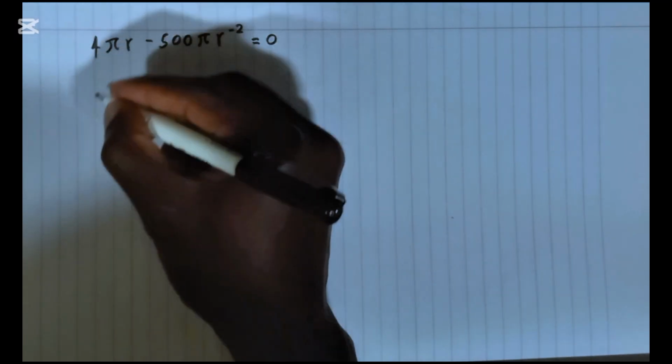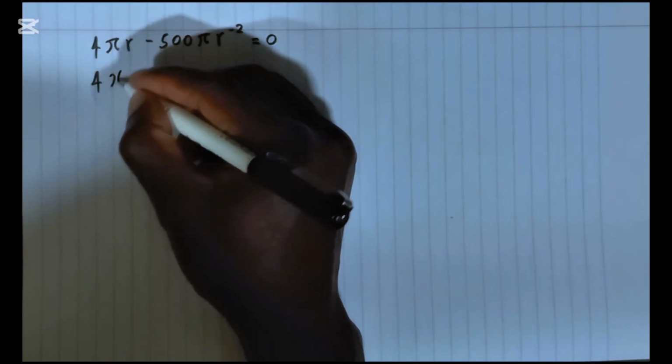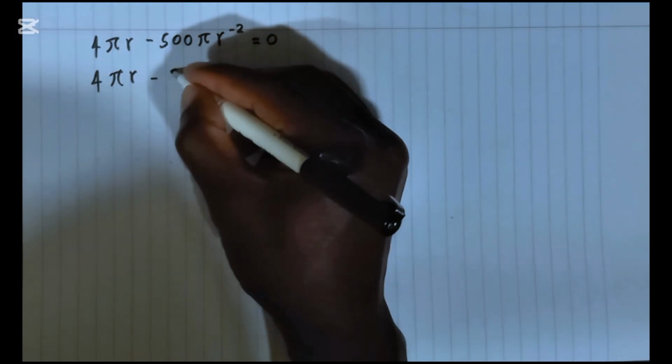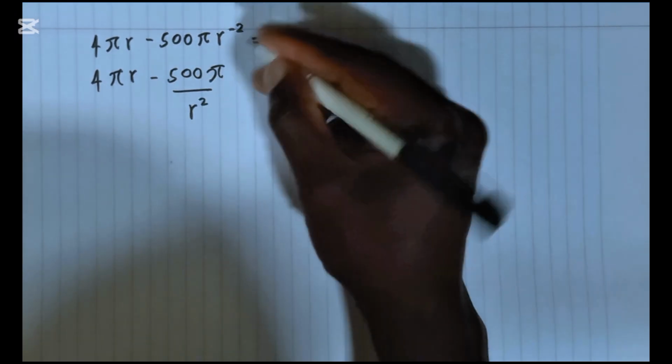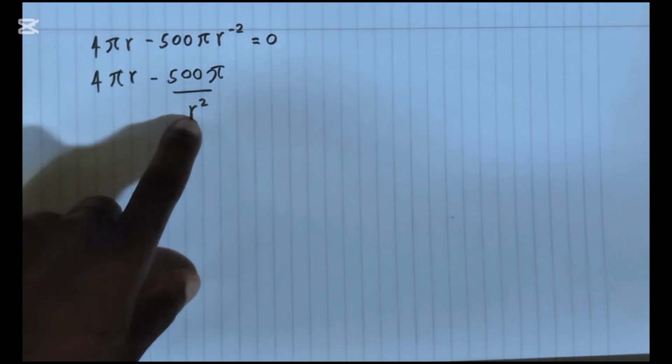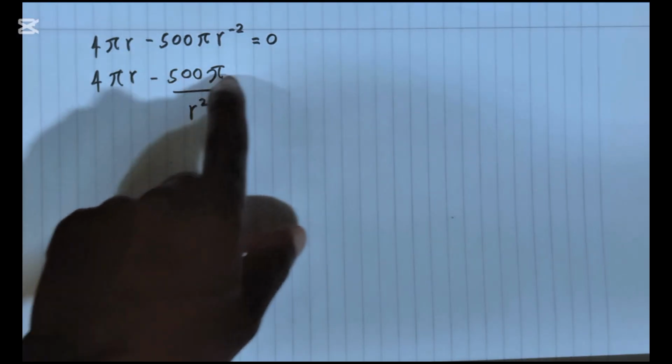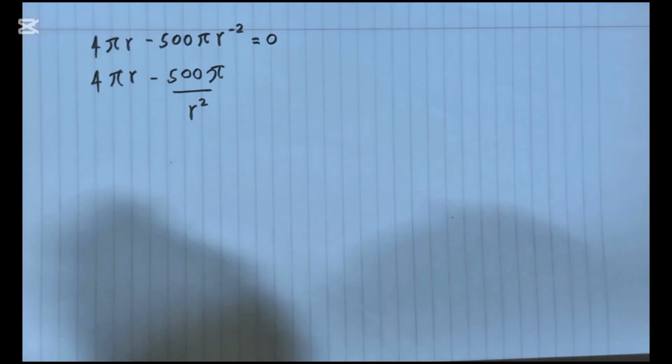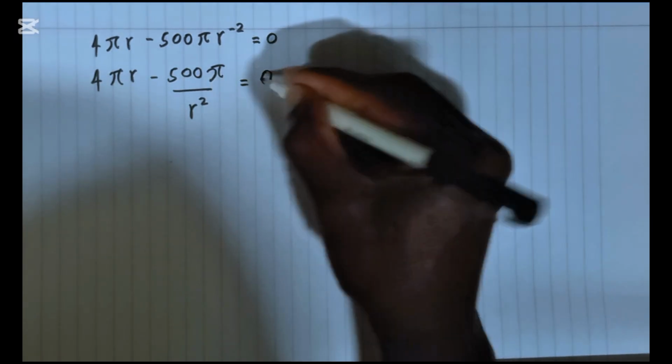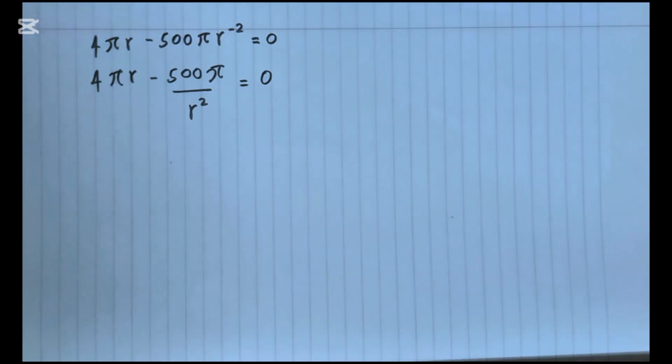So basically, this is the same as 4 pi r minus 500 pi all over r squared. So r raised to negative 2 is the same as the numerator, that is 500 pi, all over r raised to 2, and we are going to have that being equal to 0.